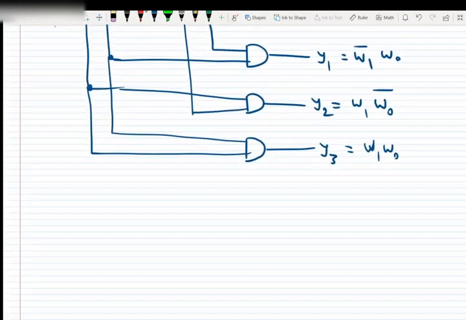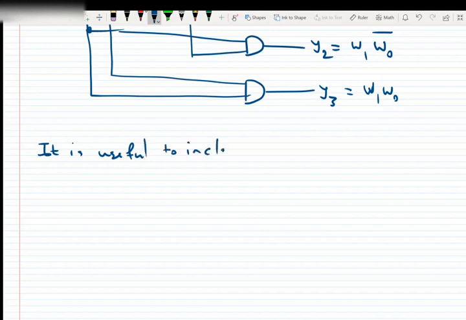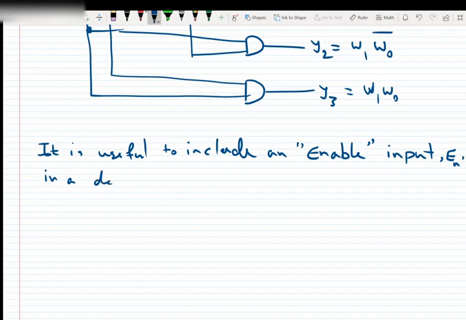Okay, so this one is enable. So let me write it down. It is useful to include an enable input, which we usually show with En, in a decoder circuit.